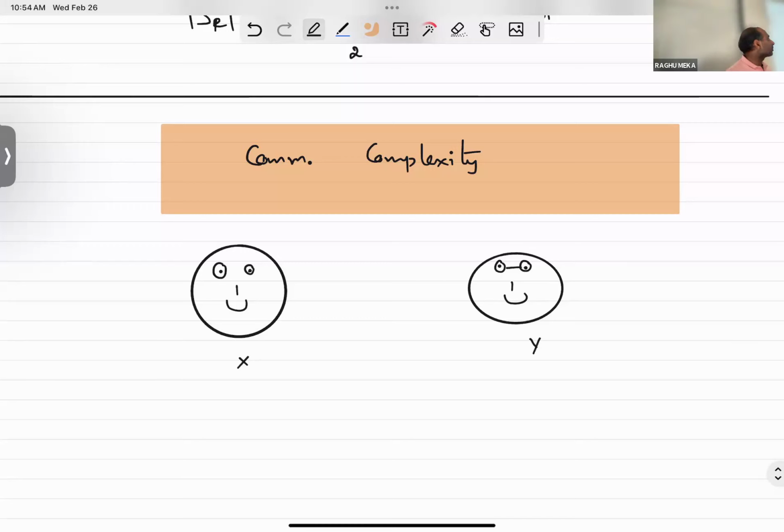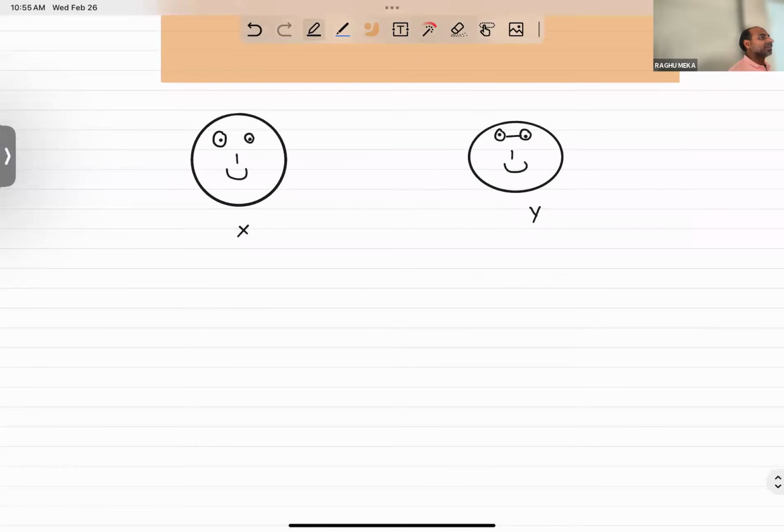So we have Alice and Bob. As usual, Alice gets some input X, Bob gets some input Y, and we're trying to compute some joint function of their inputs. But now let's view their inputs as some integer from 1 through N, and same for Bob. Of course, if you're thinking of bit strings, we can map them to integers by viewing them as binary representations, so capital N will be 2 to the little n, where it's an n-bit string.